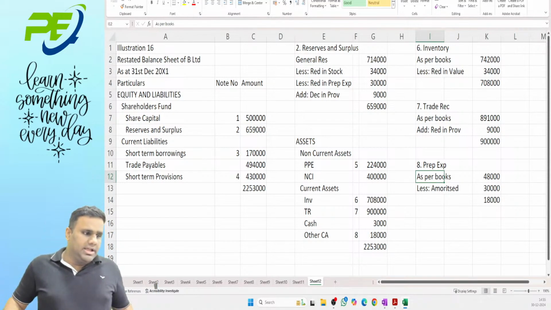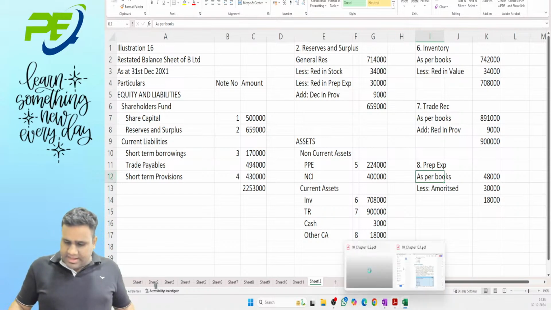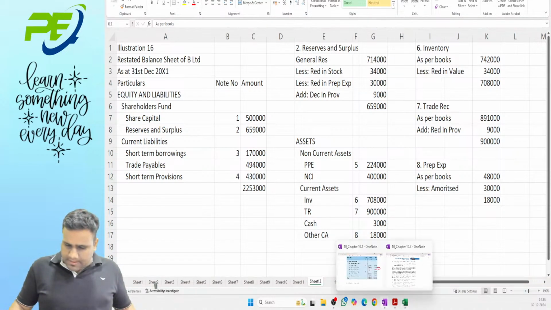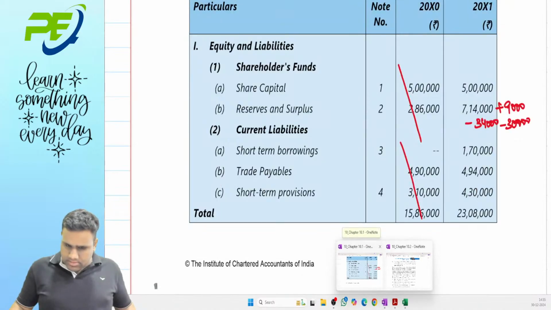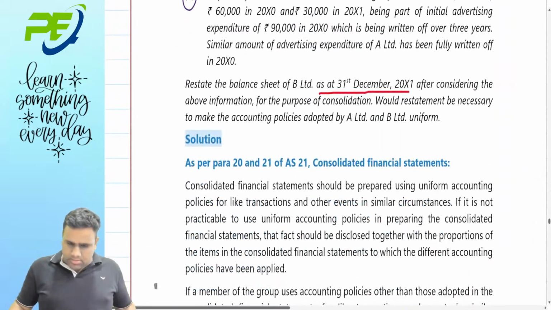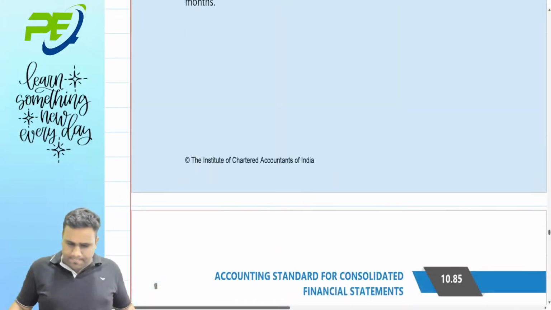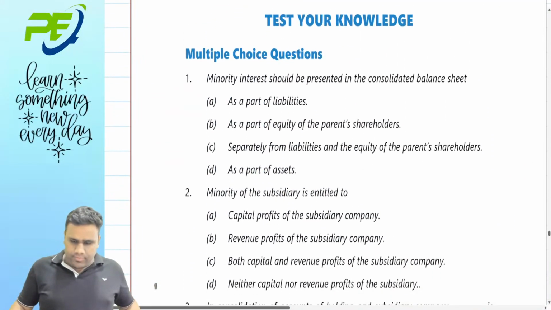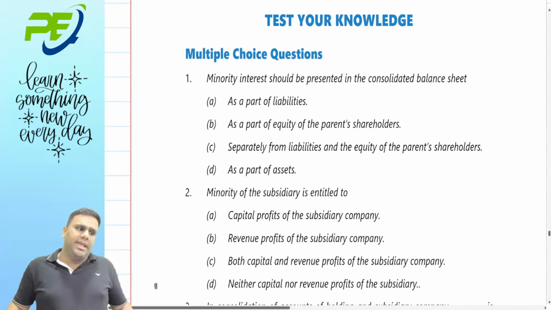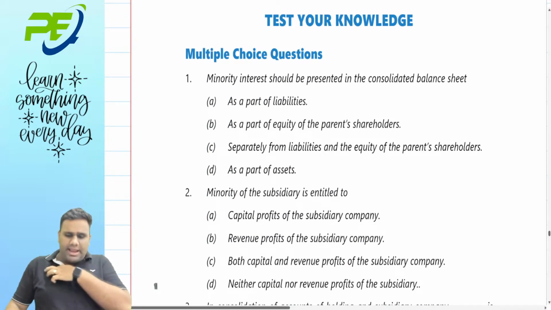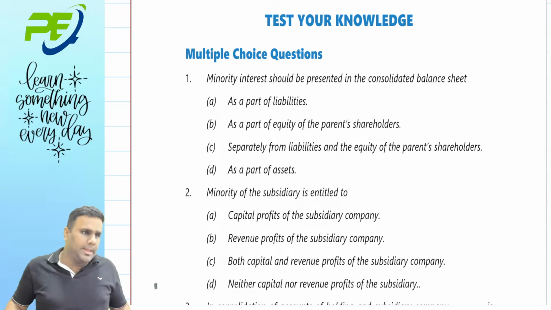So now let's start with the practical problem and MCQ questions. Okay, so yes, open to all. Minority interest should be shown separately from liabilities and equity of parent shareholders.